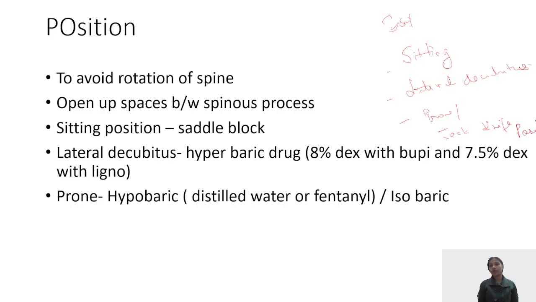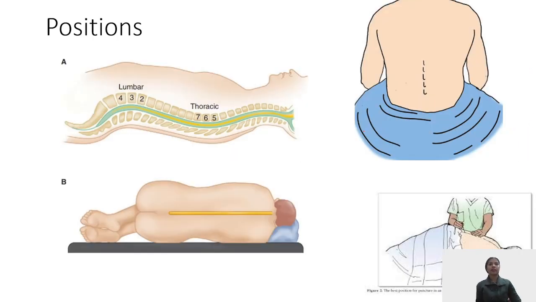There are three positions which are present. I'll just show you the positions first. They are the three positions: lateral decubitus, the sitting, and the prone position, that is your jackknife position.